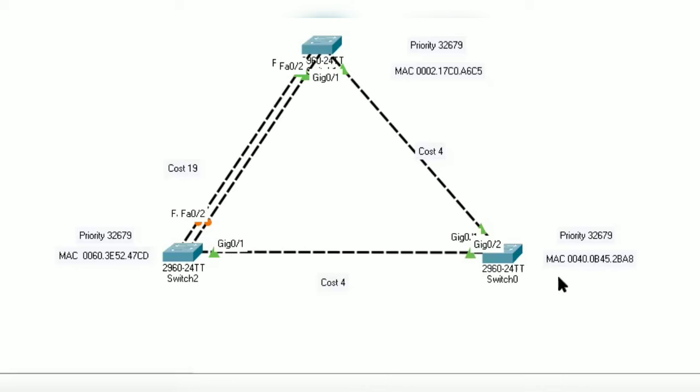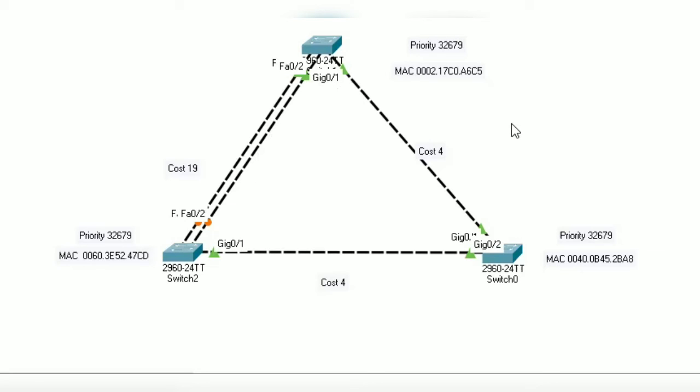Switch 0, because of its MAC address 004 versus 006. So switch 0 is forwarding and switch 2 is blocking. Based on MAC address, they are making decisions.